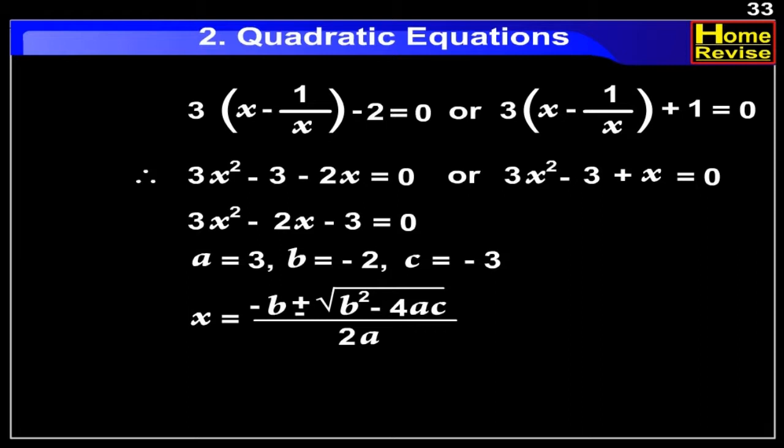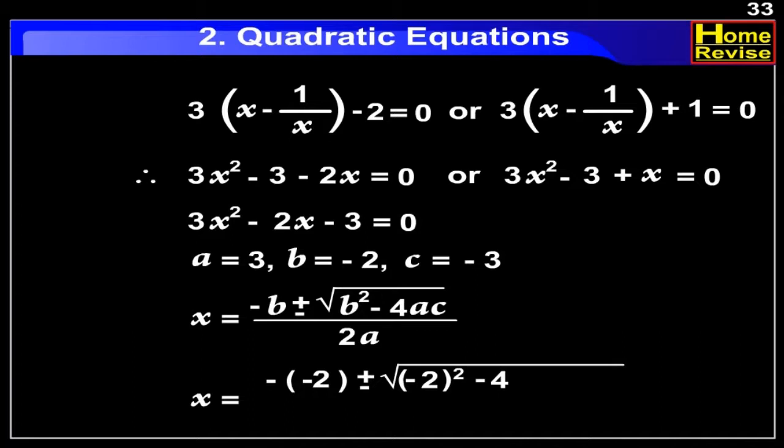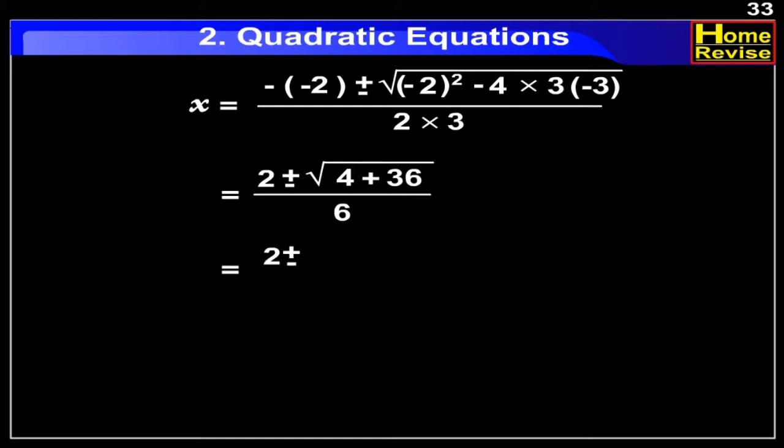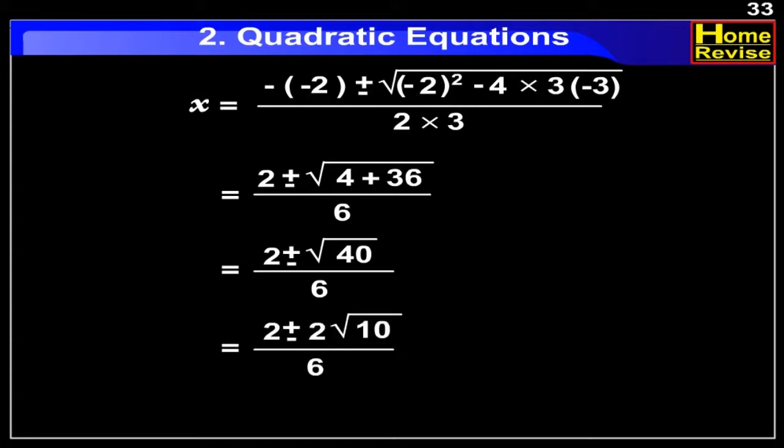Putting the values of a, b and c, we get x is equal to (−(−2) ± √((−2)² − 4 × 3 × (−3))) / (2 × 3), is equal to (2 ± √(4 + 36)) / 6, is equal to (2 ± √40) / 6, is equal to (2 ± 2√10) / 6.